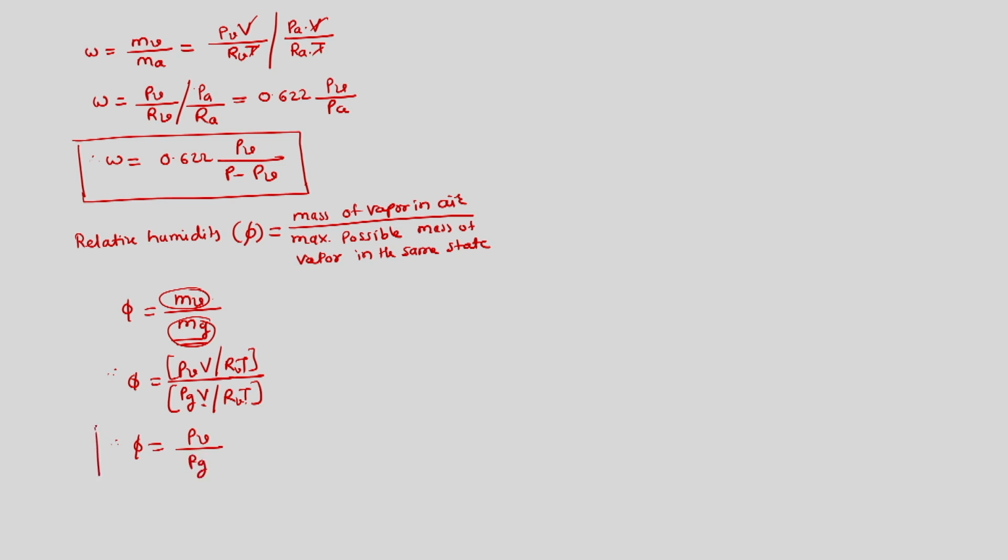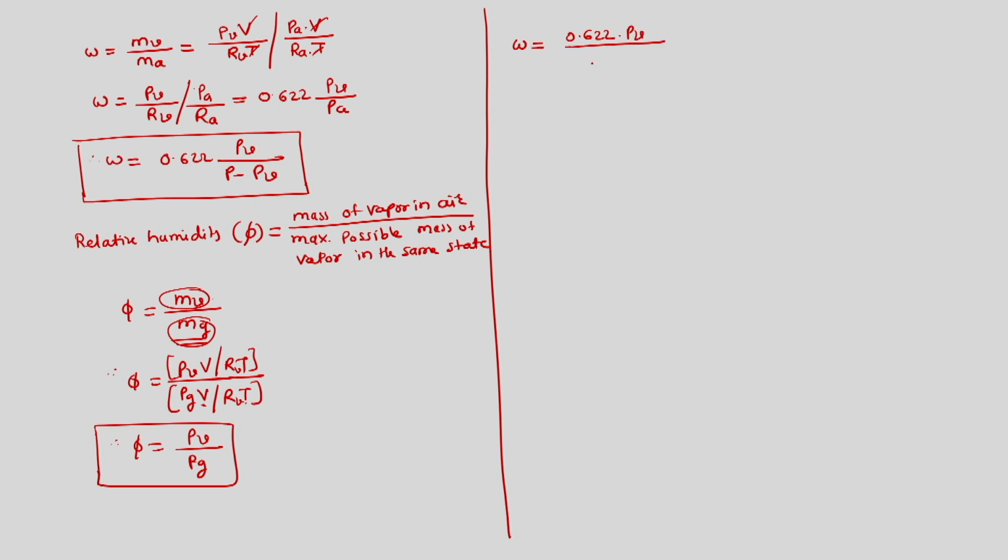So we have PV upon Pg, that means the partial pressure of vapor at a given state divided by the saturation pressure of vapor in the same state is the relative humidity. Now we can have the expression for omega as 0.622 into PV divided by P minus PV. We can make use of this expression and write it in terms of PV.